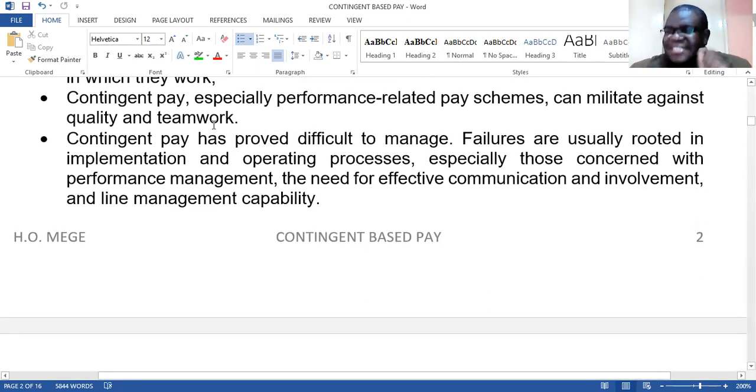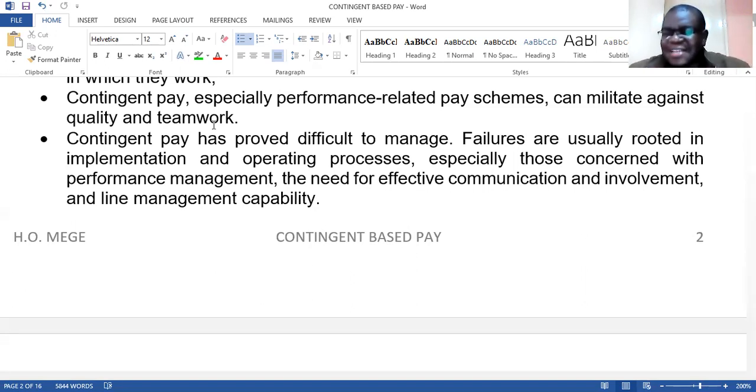When contingency-based schemes are rolled out, we are in it for the money, so that other critical aspects of the work, quality, teamwork, may be put aside, because the focus is, what do I do to get more money?